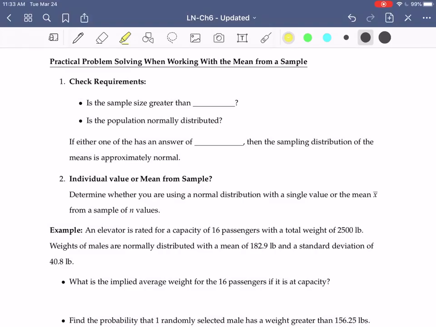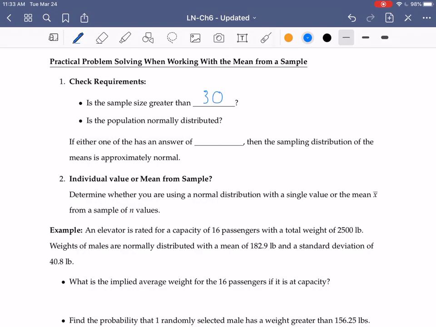In this video, we're going to take a look at some practical problem solving using our central limit theorem, and we'll look at an example. So for practical problem solving, the first thing that we need to do is check to see if we have the requirements. Is the sample size greater than 30?